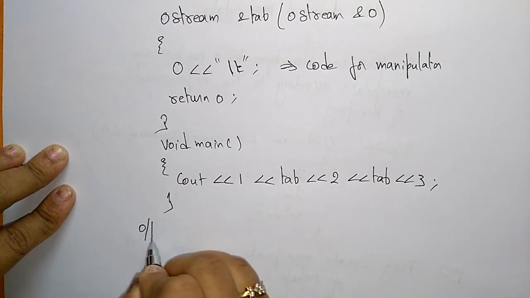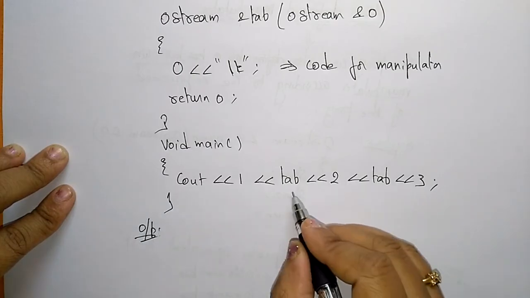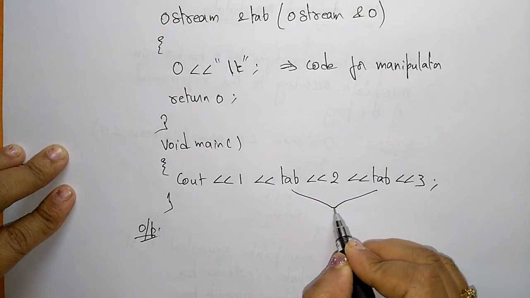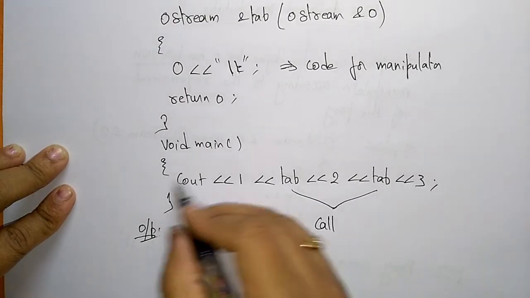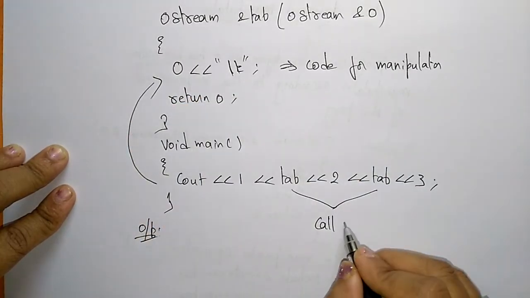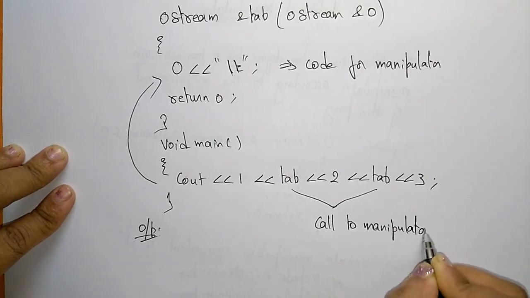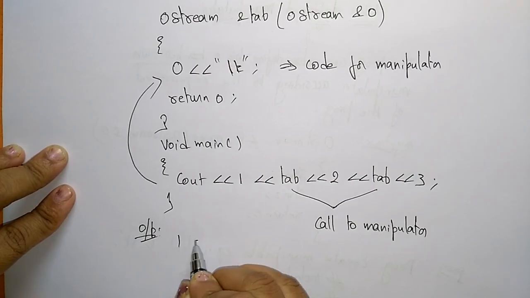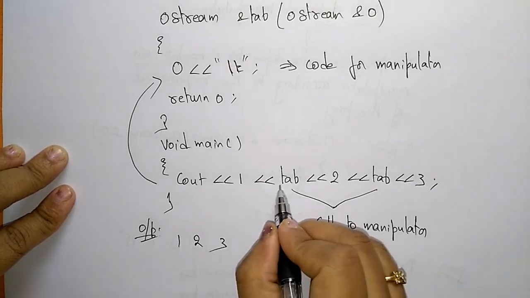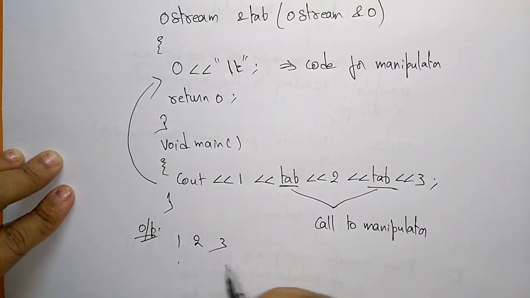Okay, what is the output? So here this tab represents the call to the manipulator. It is just calling this manipulator. So then the output for this is 1 2 3, with a space, tab, 1 2 3.